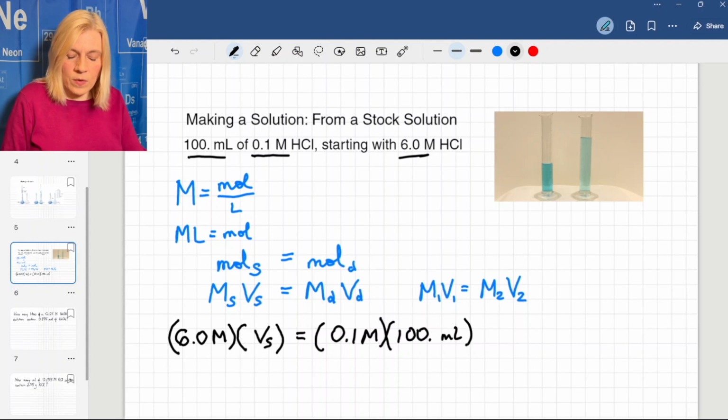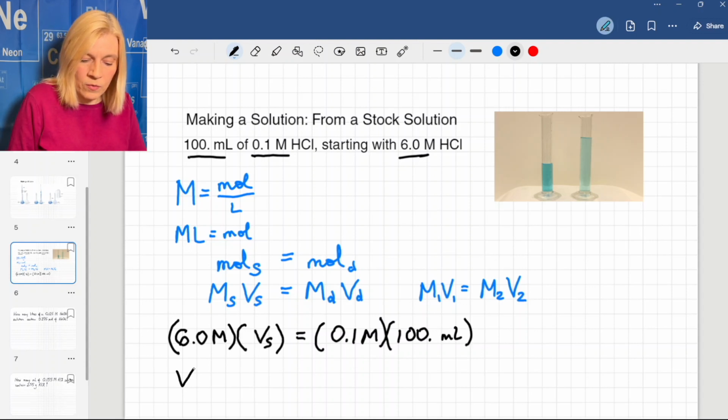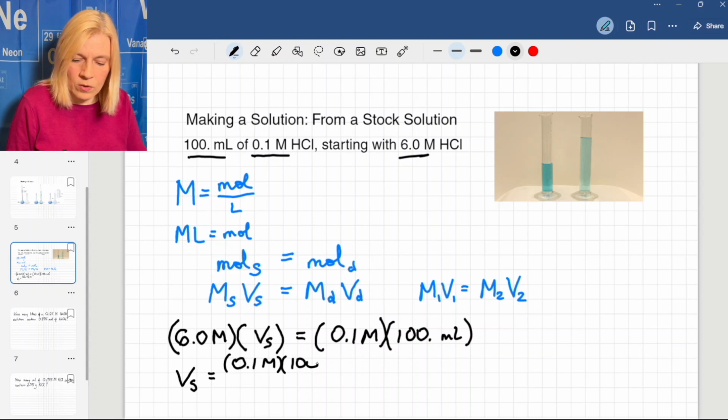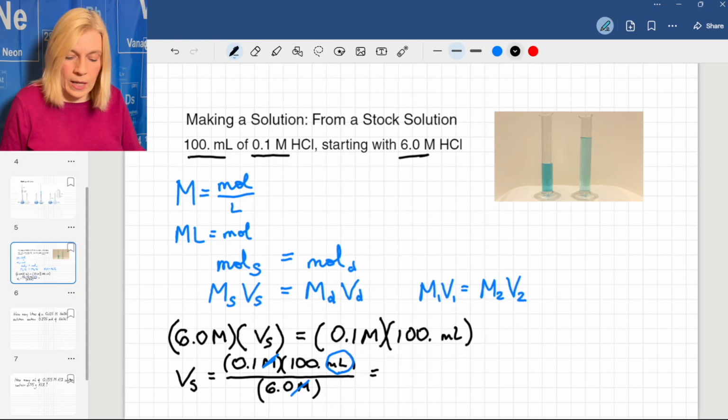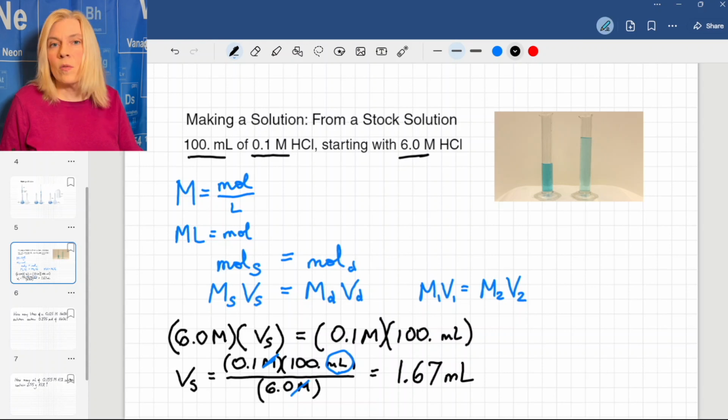That means volume of my stock solution is 0.1 molar times 100 milliliters, and then I'm going to divide it by 6 molar. Quickly, my molarity will cancel, and I'm going to be left with volume in milliliters. If you plug this into a calculator, you will see I need 1.67 milliliters of my stock solution.